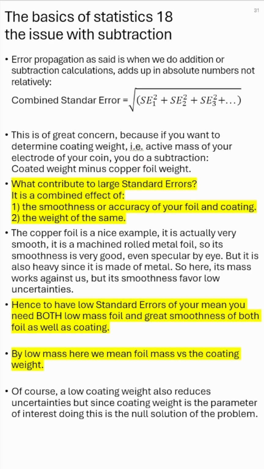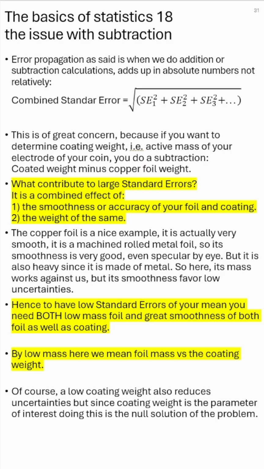That's very heavy, very high density. So even if the copper foil is very smooth, I mean it's specular on its surface, that small variation in surface will still give us a large number since the foil itself is heavy. A coating, on the other hand, is much lower density than the metal foil, but the roughness is much higher. So to get a low standard error, both must be small.